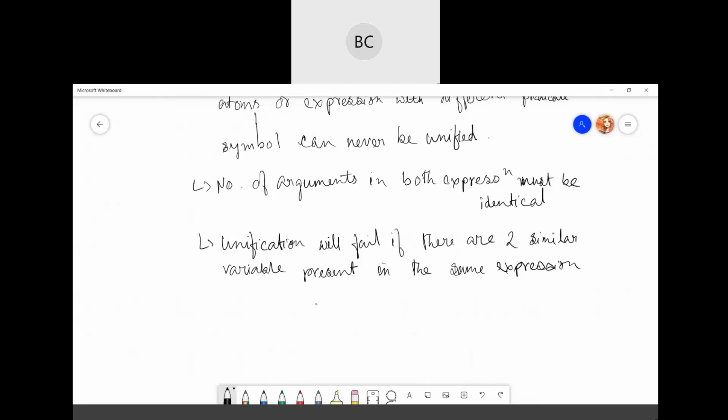Suppose given that nodes gram and x. Okay. So when you are going to unify some sentence or you want to find a substitute, before that you have to ask certain questions.